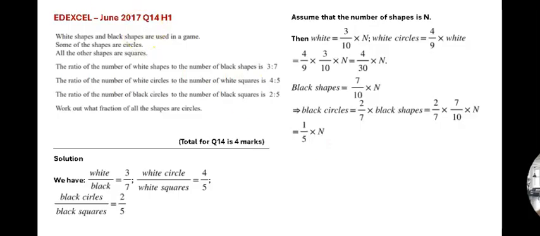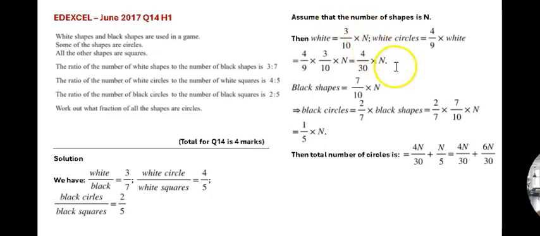Now, if we add them up, we are going to get the total number of circles, which is what we are after. So the total number of circles is 4 over 30 n plus 1 over 5 n.